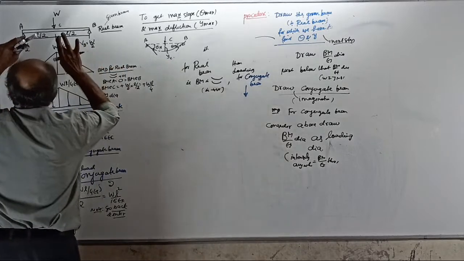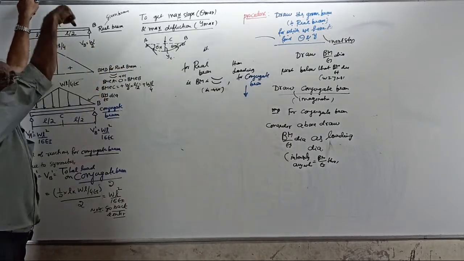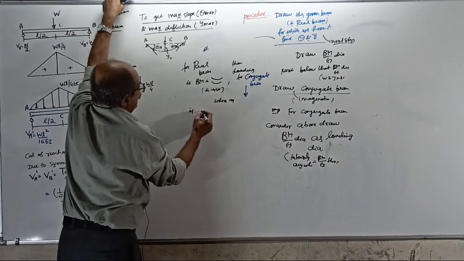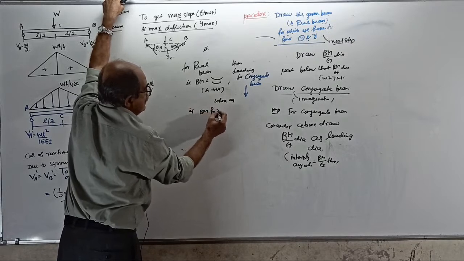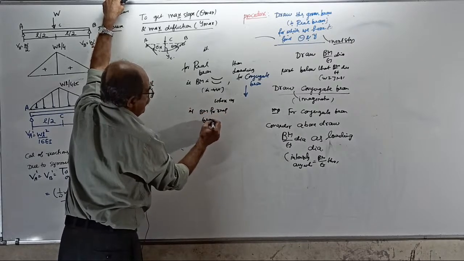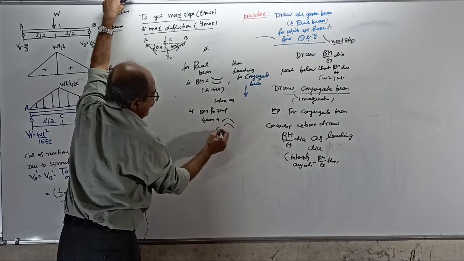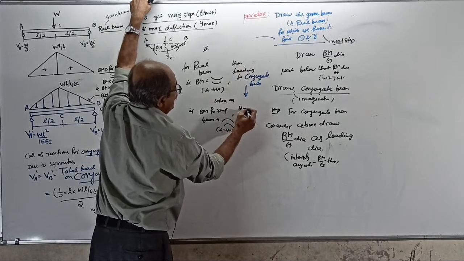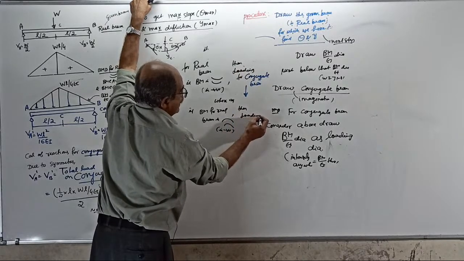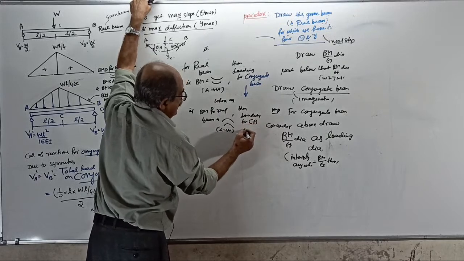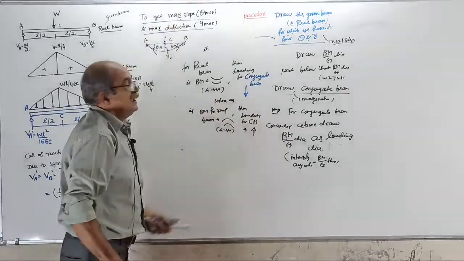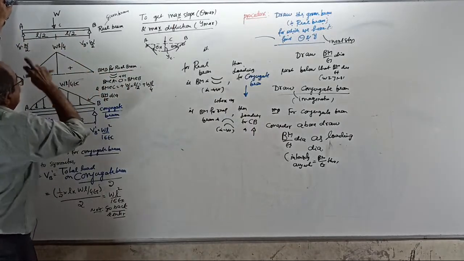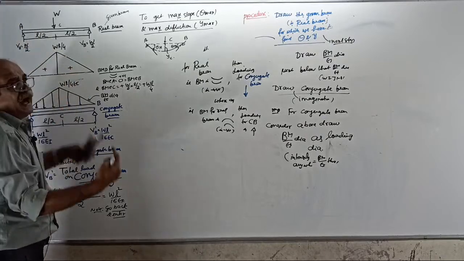If the BM is plus, it is downward load. Whereas if BM for the real beam is hogging, that is for us negative, then the loading for the conjugate beam is upward. If the plus sign is there, take downward loading. If the minus sign is there, take upward loading.